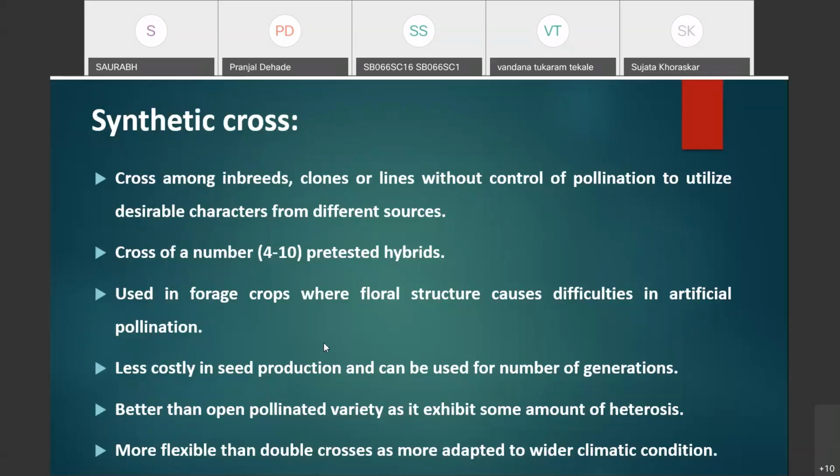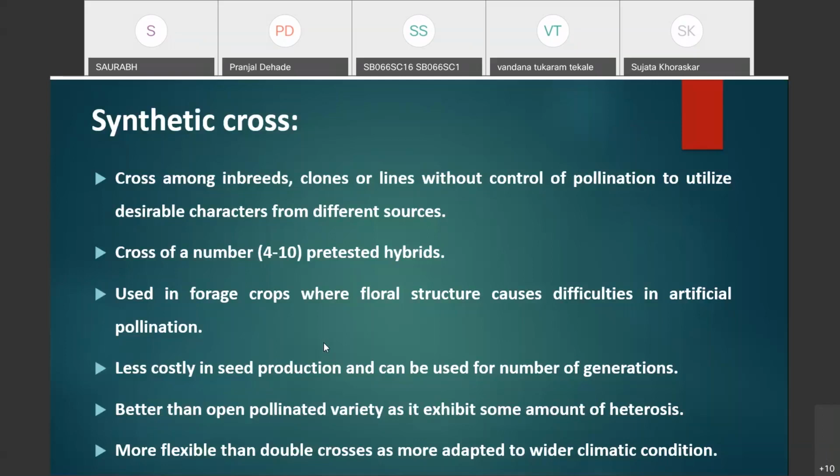This method eliminates the necessity to produce seeds in isolated plots because the plants are allowed to pollinate naturally.